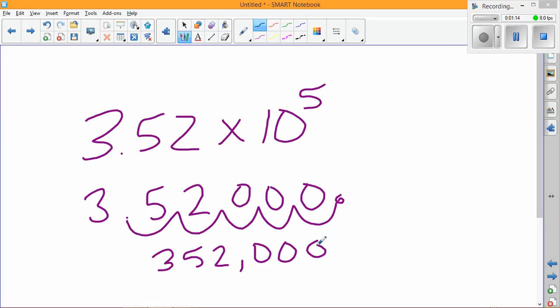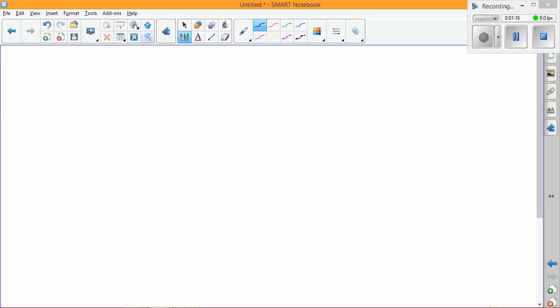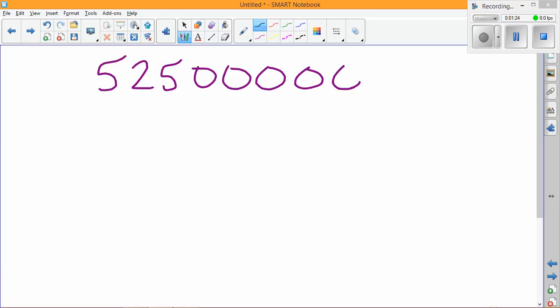And we can go the opposite way, from a number to scientific notation, by counting the place values and putting the decimal in. So I know that the r value has to be between 1 and 10, so I'm going to put the decimal after the 5, make it 5.25.